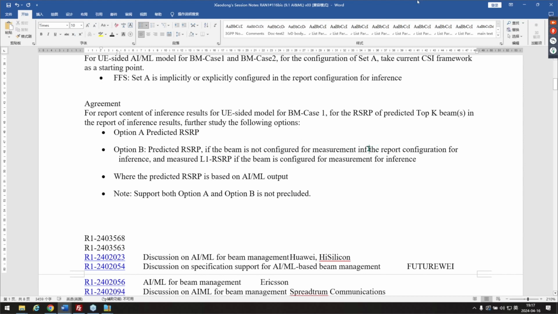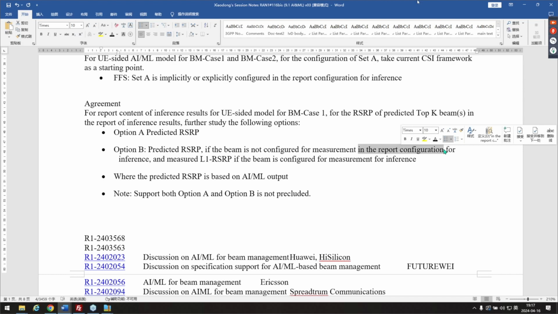Yeah, two comments. I think the option B, predicted RSRP if the beam is not configured for measurement, is sufficient because we have already report for measurement things in the first bullet. So you don't need to repeat everything here. So it's not configured for measurement. And the measured L1 RSRP, if the beam is configured for measurement, that's it. So whether it's inference, we can discuss that later on.